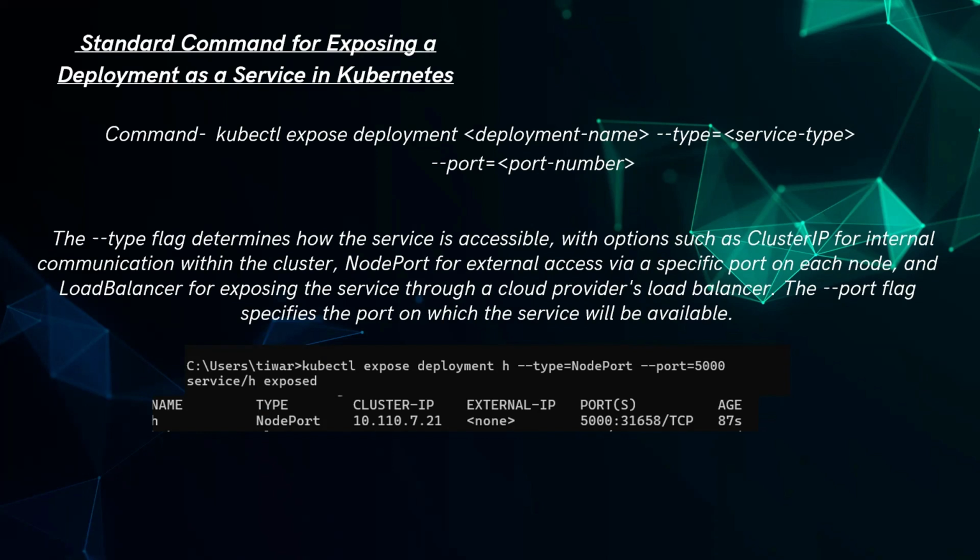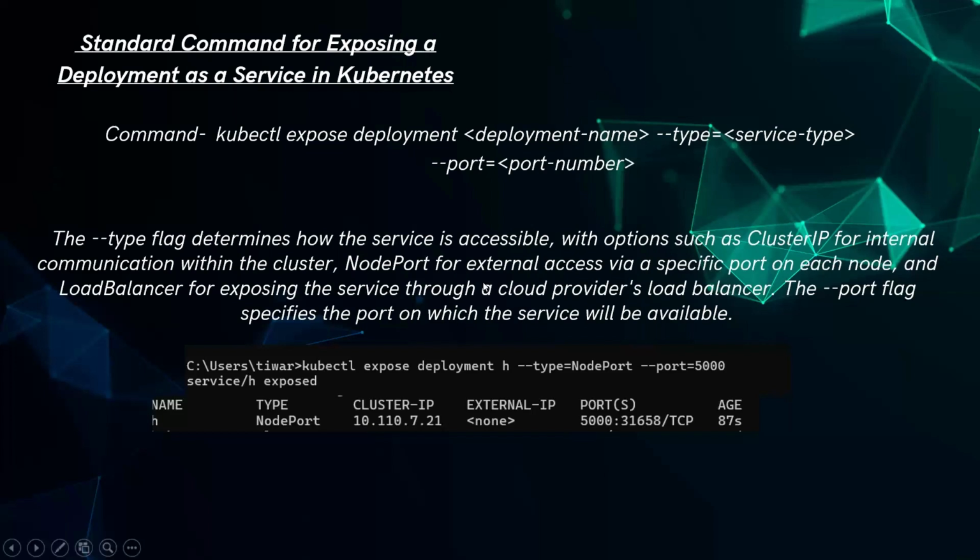The type flag determines how the service is accessible: cluster IP for internal communication within the cluster, node port for external access via a port on each node, and load balancer for exposing the service through a cloud provider load balancer. The port flag specifies the port on which the service will be available.